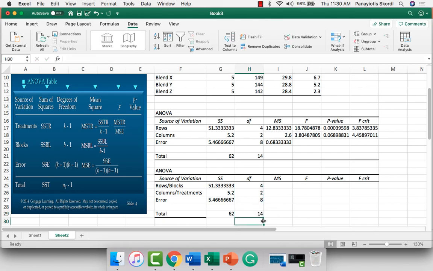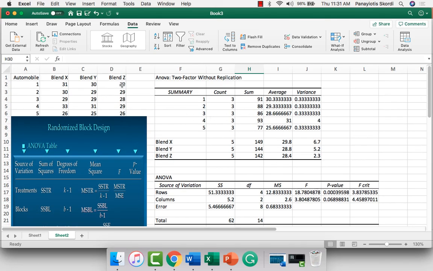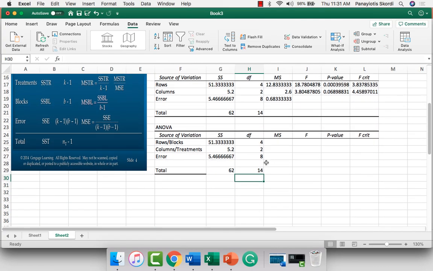Just remember that the total degrees of freedom down here is 14. If we add 1 to that value, just as with single factor ANOVA, it gives you the number of observations. We had 15 observations: 3 different blends, 5 different cars, and 3 times 5 is 15. So if I add 1 to this, I can figure that out.